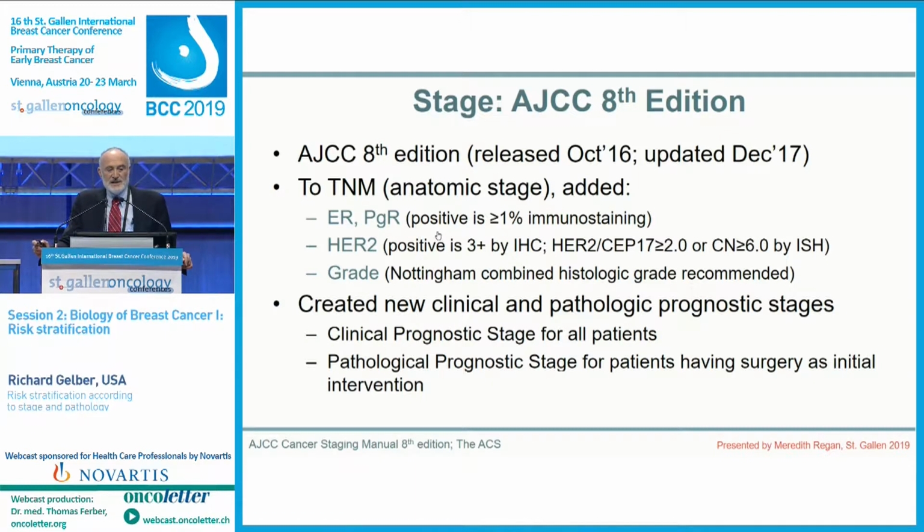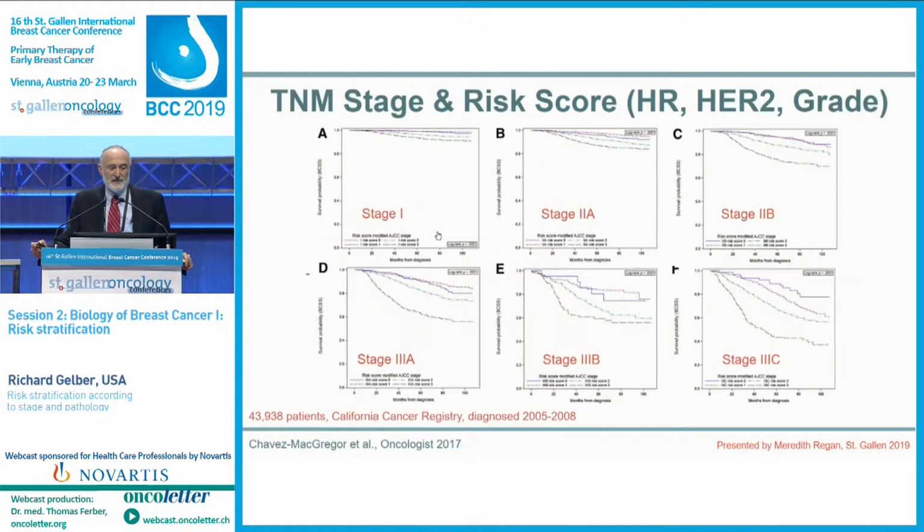So the AJCC 8th edition considered the TNM anatomical stage, but added ER, PGR, HER2, and grade. They created new clinical and pathologic prognostic stages for all patients, a clinical prognostic stage, and a pathological prognostic stage for patients having surgery as initial intervention.